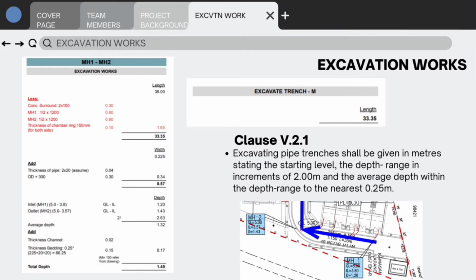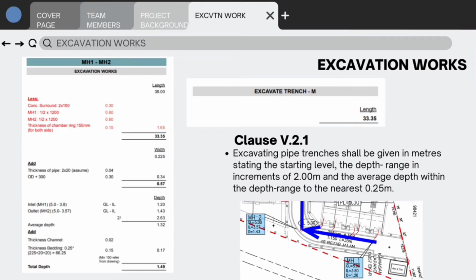Next, for width, we are using the formula outer diameter plus 300. For outer diameter, we take the diameter of pipe, which is 225 mm, and add 2 times the thickness of pipe, which is 20 mm. Then we add 300 to get the total width. The total width is 0.57.